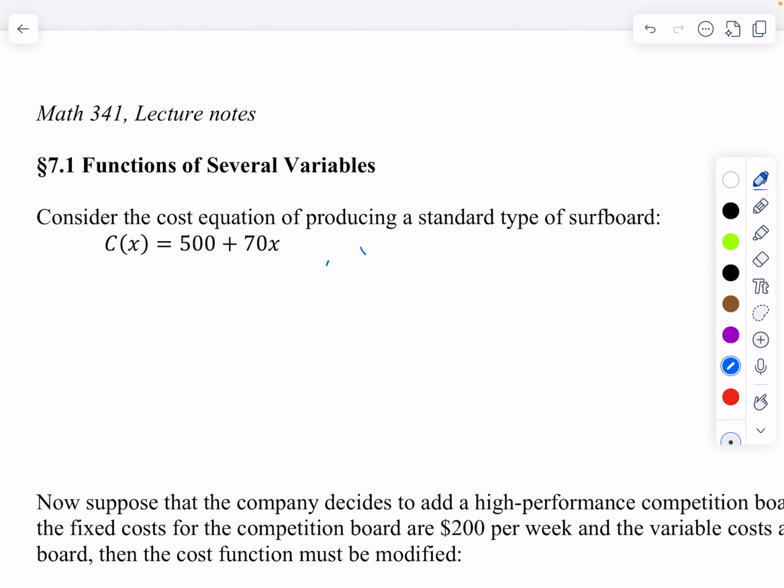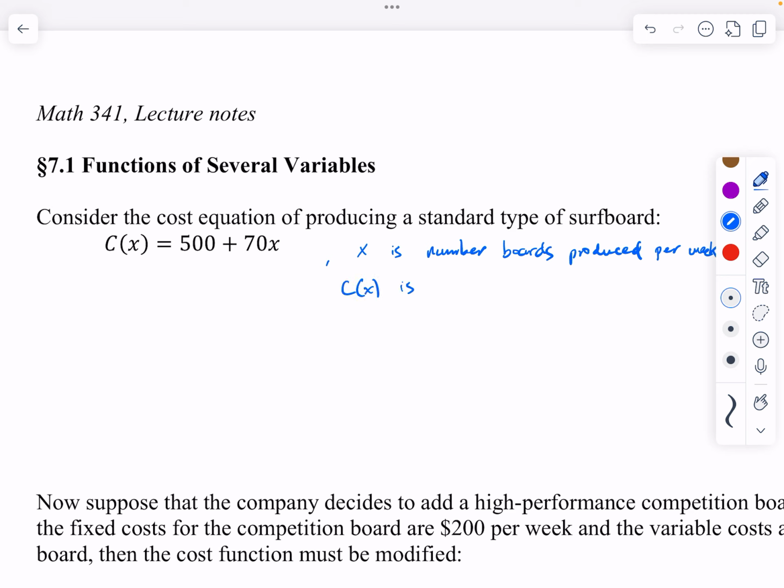So let's say x is the number of boards produced per week, and C of x is the total weekly cost of producing x boards.